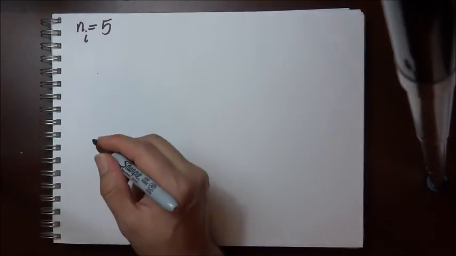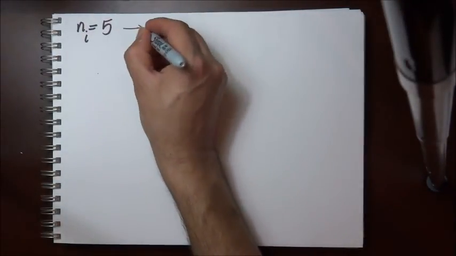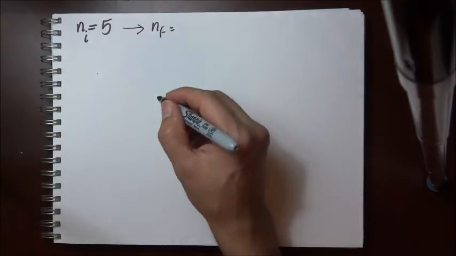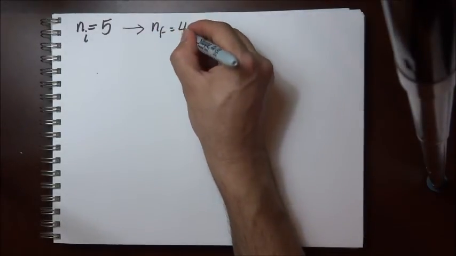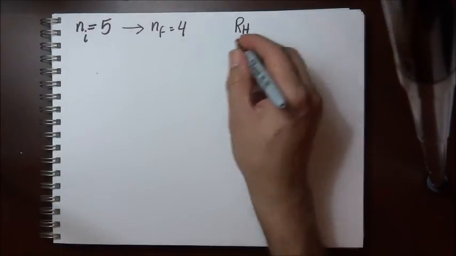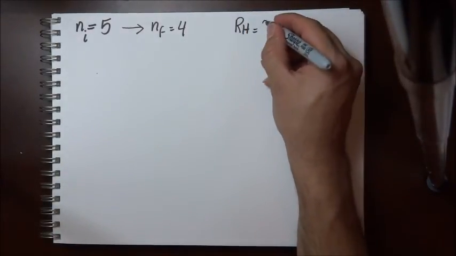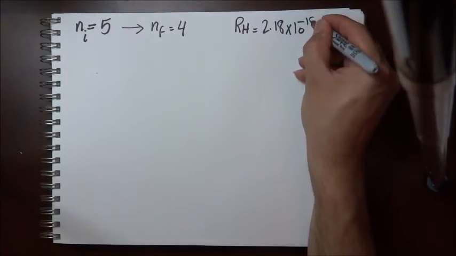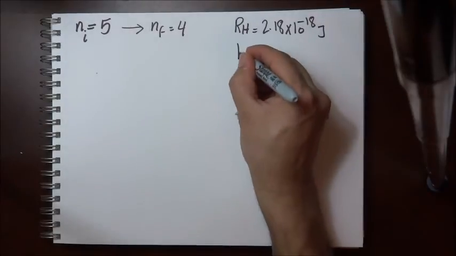So initial n was 5, so Ni is 5. We send the electron to lower level, or final n is going to be 4, and you have RH equal to 2.18 multiplied 10 to the power of minus 18 joule.